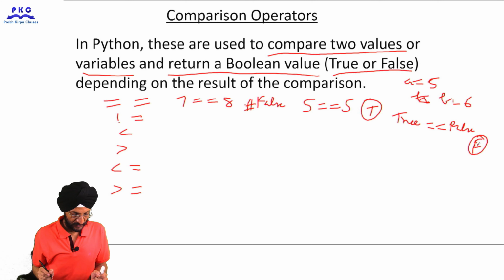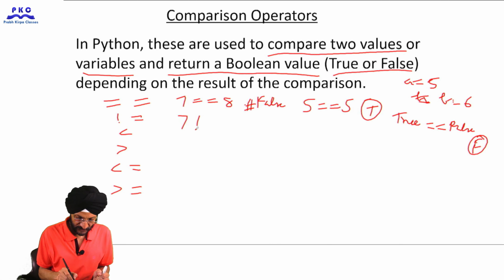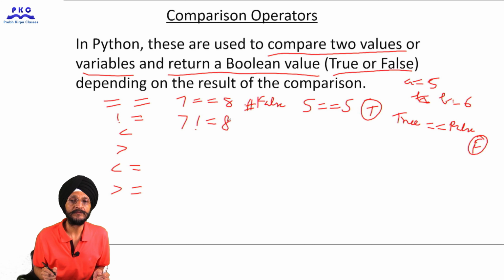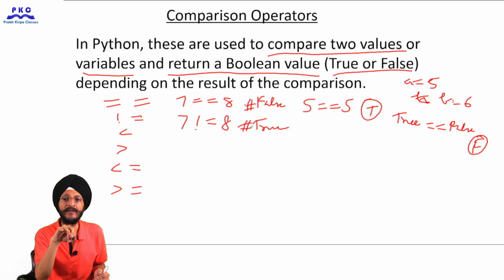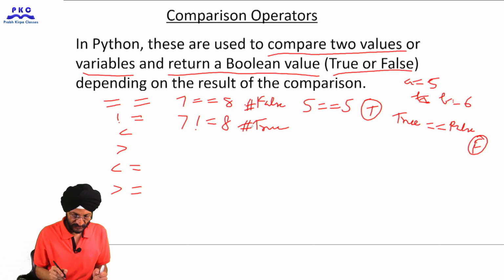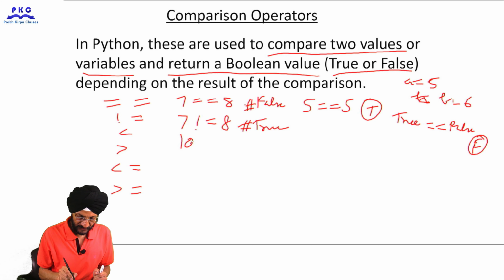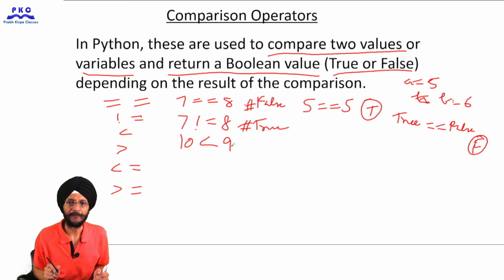So now, if we consider not equal to, if we write 7 is not equal to 8, it is correct, it is true. So the output the Python operator will return to us will be true. If we say 10 is less than 9, how will the Python interpreter interpret it?